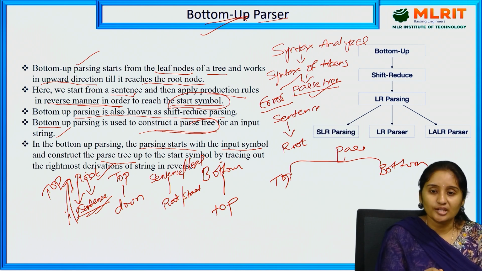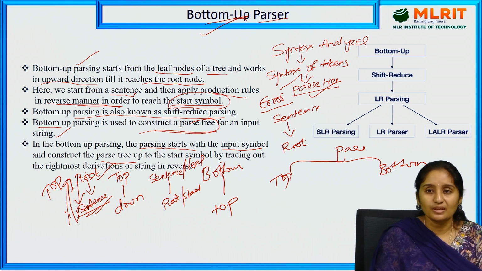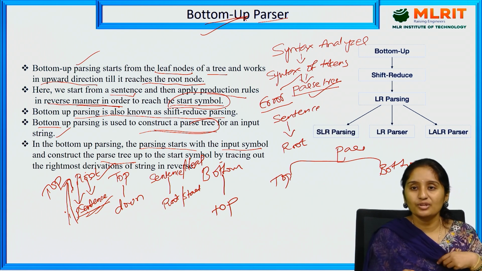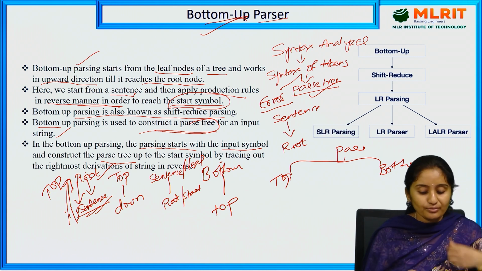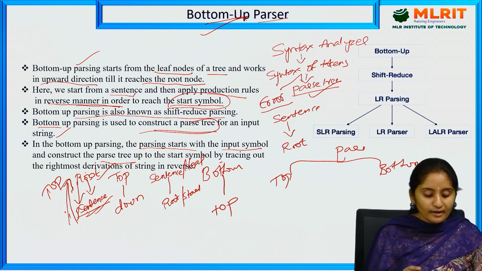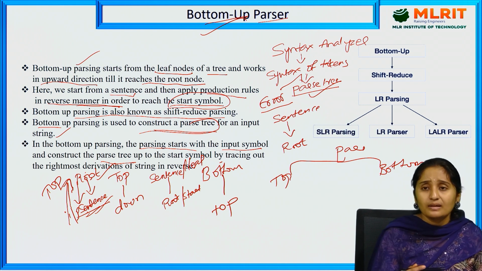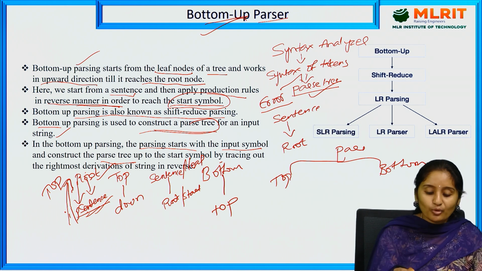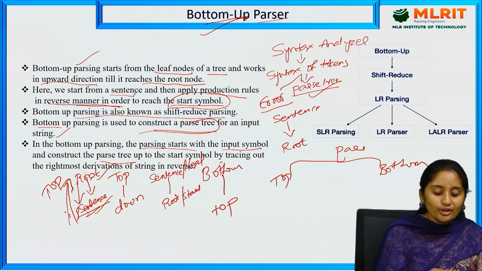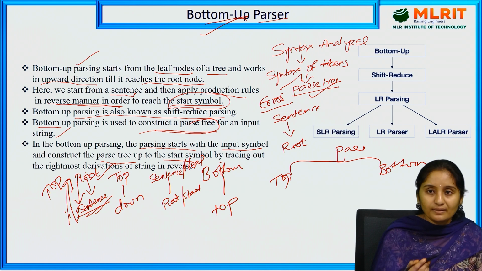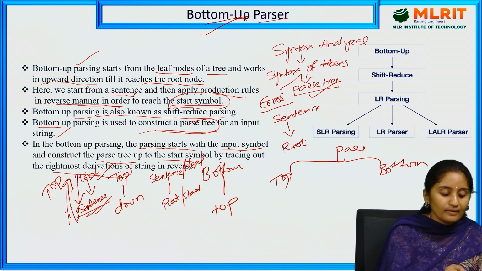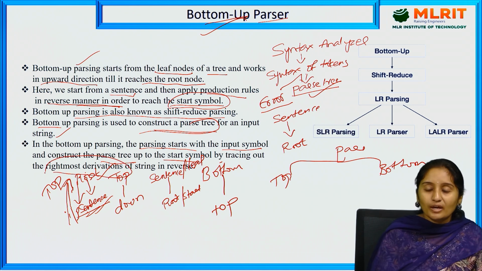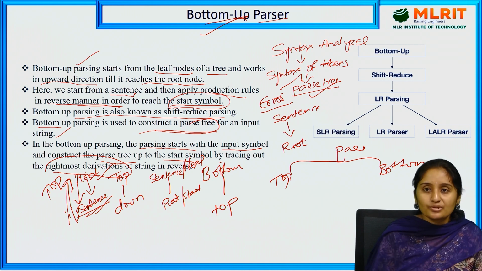We take an input string or sentence as input, and we derive it until it generates the start symbol. If we trace it out, we get a rightmost derivation in reverse.